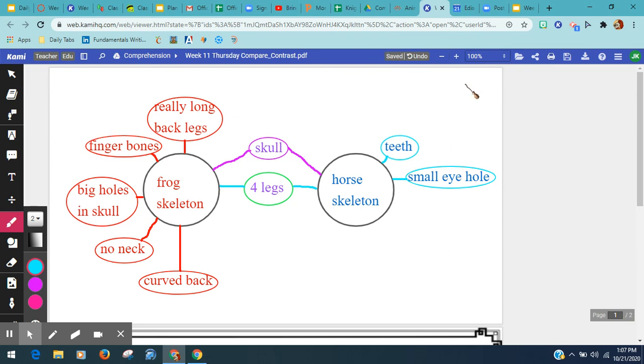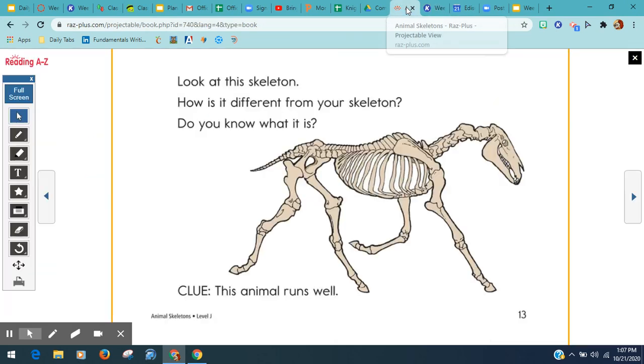Okay. Pause the video if you need to and finish writing. I'm going to go back to the horse page real quick. I also noticed the horse had huge lungs. I mean, the frog didn't have any. Not lungs, I mean a rib cage, Mrs. Knight. The horse has a huge rib cage. The frog didn't have any at all. And the story had said that the horse needed that rib cage to hold its really big lungs.